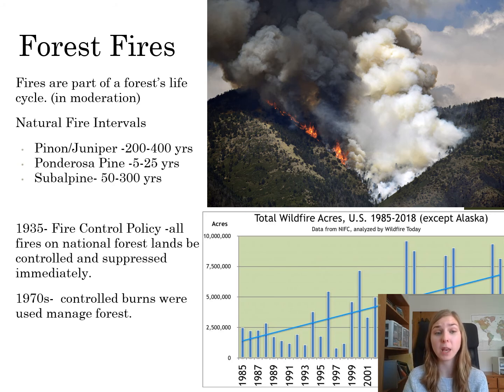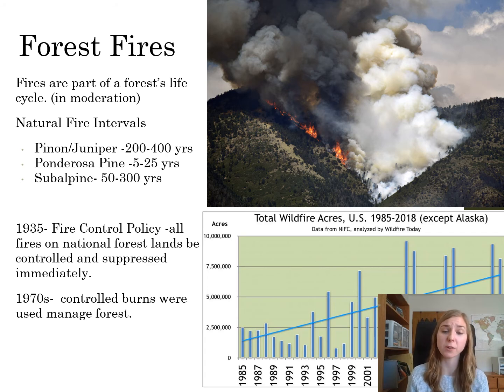So for our pinyon juniper forests, they are used to having a fire every 200 to 400 years. Ponderosa pine is more adapted to fire, and they are used to having fires every 5 to 25 years. And the subalpine communities are used to having fires every 50 to 300 years.